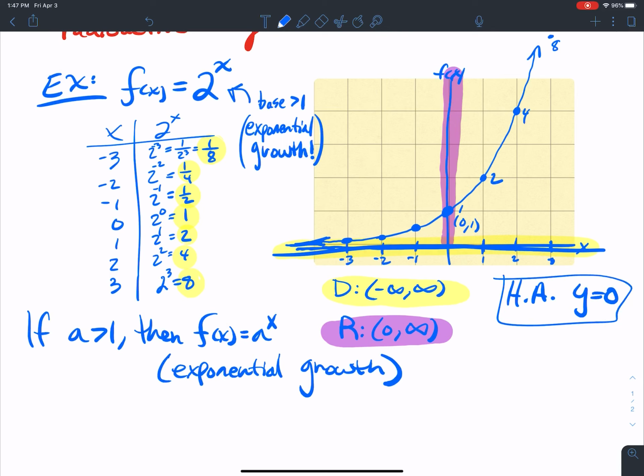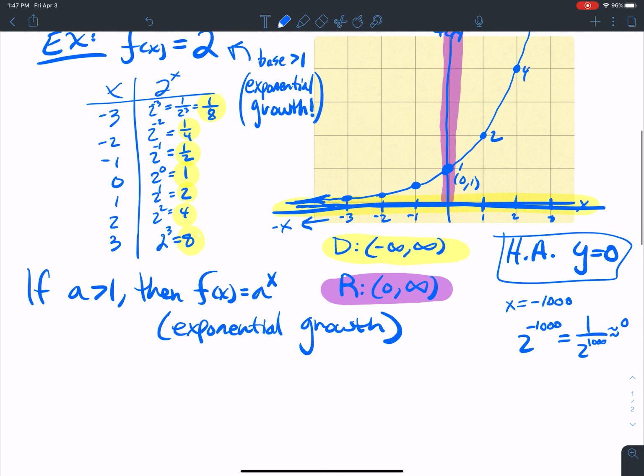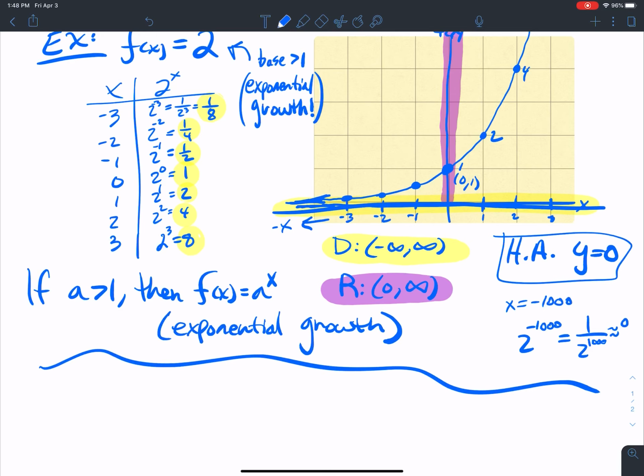Think about it: the further out you plug in negative numbers for x, like x equal to negative 1,000, 2 to the negative 1,000 would be 1 over 2 to the 1,000, which is basically 0. It's like 0.0000000, a lot of zeros, and then some decimal. It's really close to 0, but it's not equal to 0. So let's talk now about exponential decay.